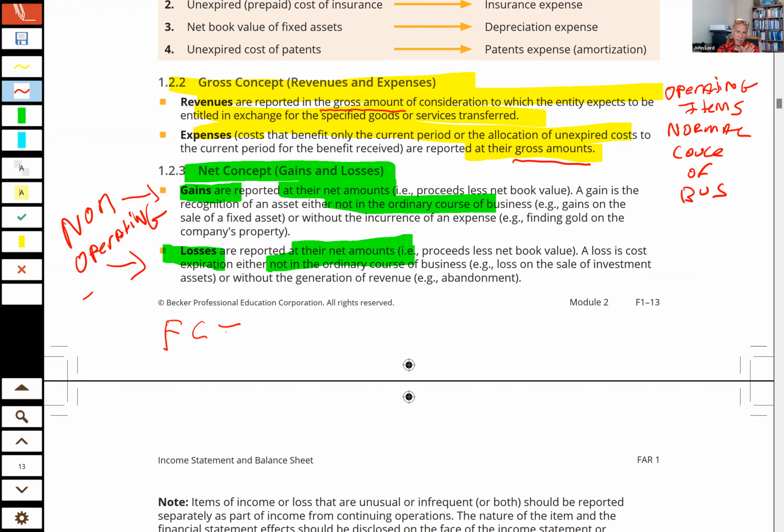On the lined side of the card, the answer side of the card, the answer to that would be: revenue and expenses are incurred in the normal course of business, are operating items, and are reported gross.